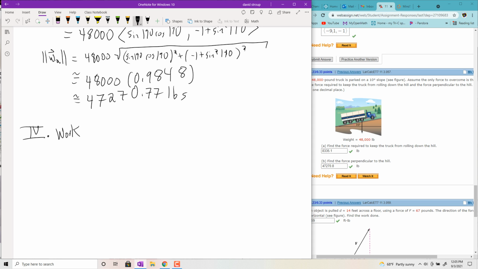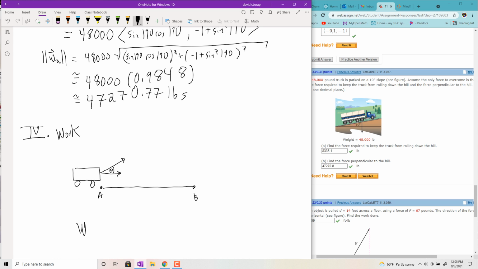You're pulling like a wagon, going from some point A to some other point B. It's easy if you're pulling completely straight, because then it's just the force times the distance traveled. What's hard is when you're pulling at some angle, like you normally would. Then it's the magnitude of the projection times the distance traveled.